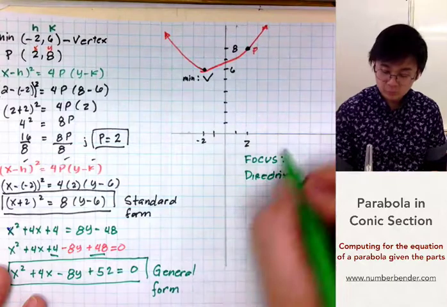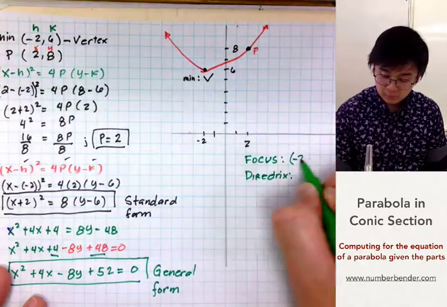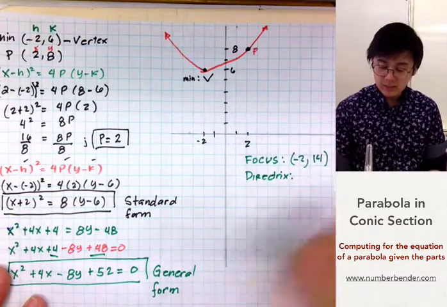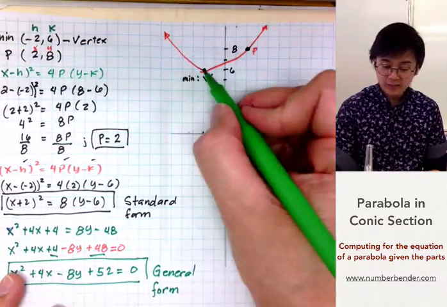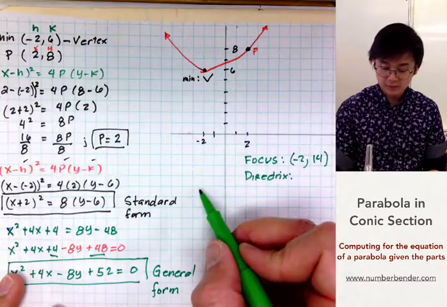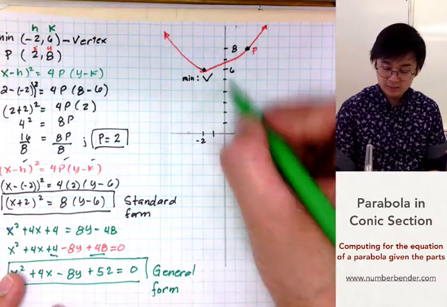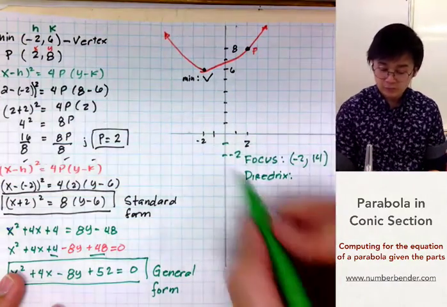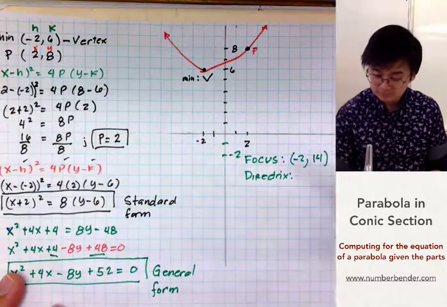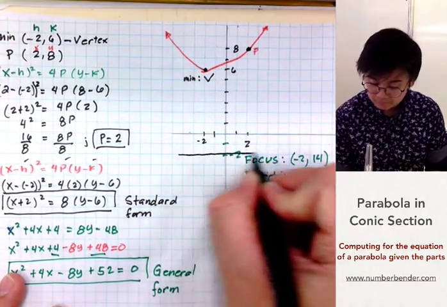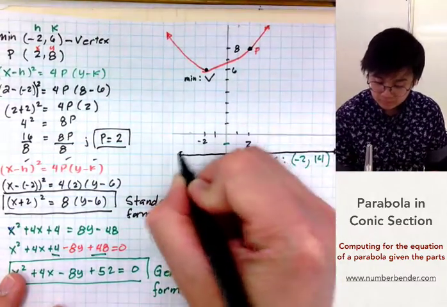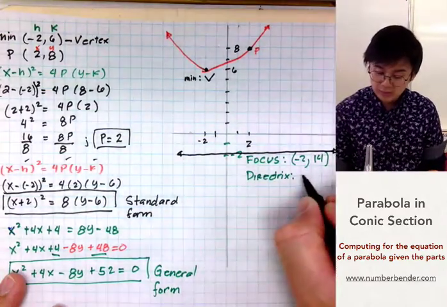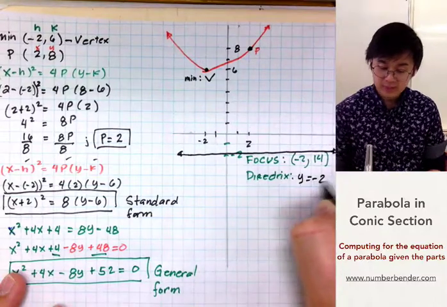So our focus will be at negative 2, and the y value is at 14. And our directrix will be 8 units going in the opposite direction. So if this is 6, 6 minus 8 is negative 2. So this will be our directrix. And the directrix passes through the line y equals negative 2. So our directrix is y equals negative 2.